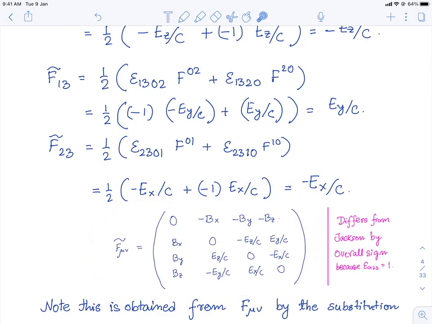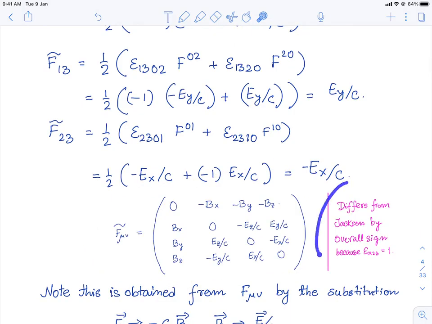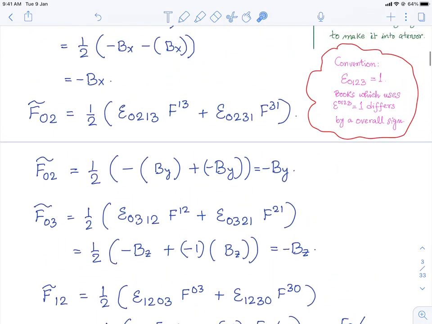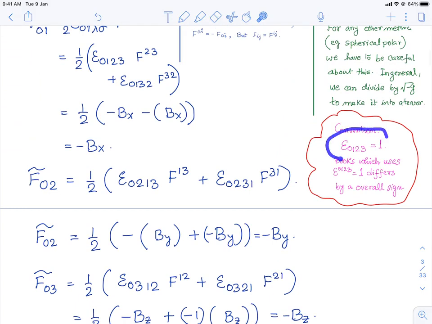Just a comment. If you are comparing with Jackson, for instance, it differs from that by an overall sign, because in our conventions we have taken epsilon 0,1,2,3 to be 1.